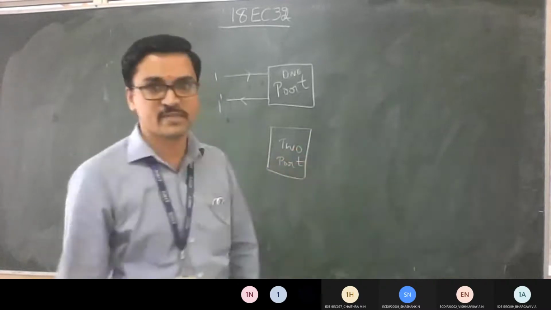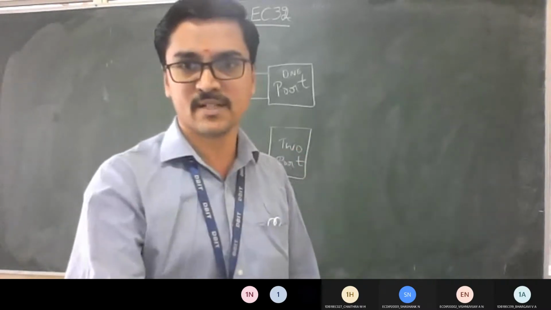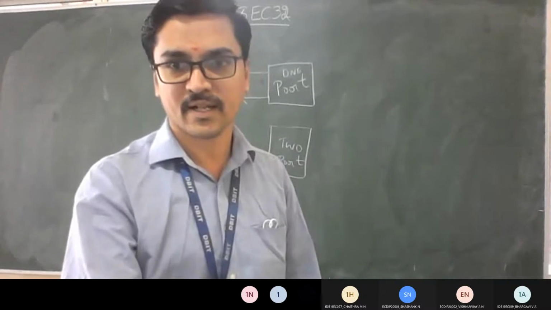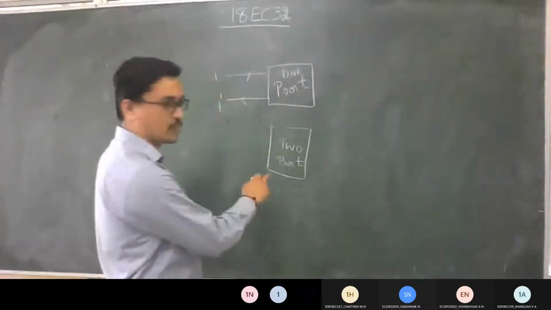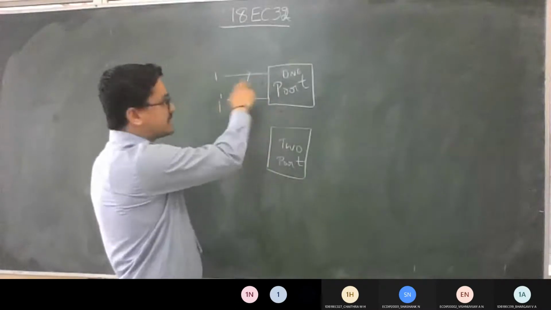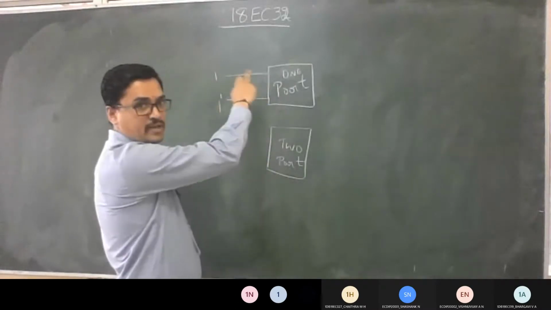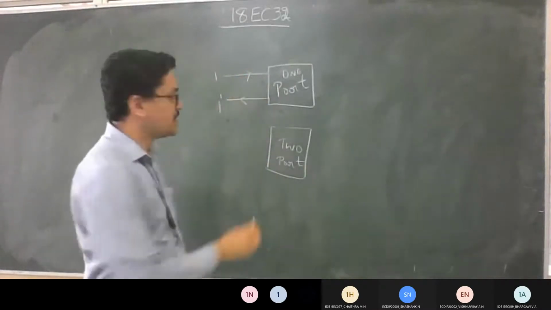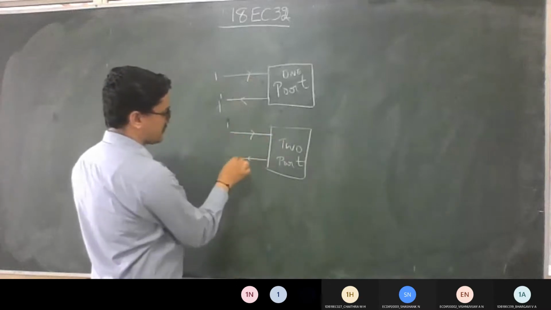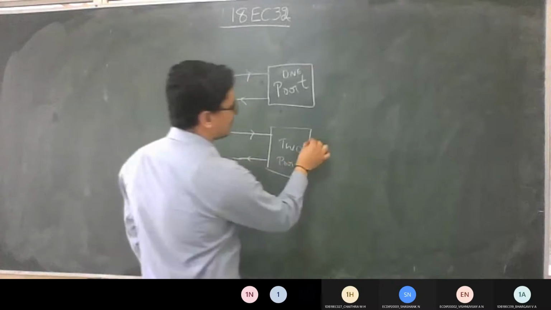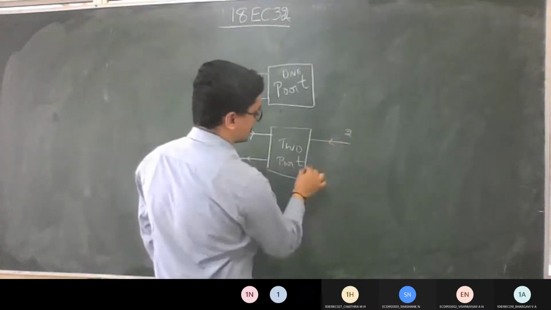So you already got what is the meaning of network, right? Network means it's a closed path. So for this, we are adding the word two port. One port, as I told, has only two terminals, one entry, one exit. So here you will be having two concepts: 1 and 1 dash, and similarly 2 and 2 dash.